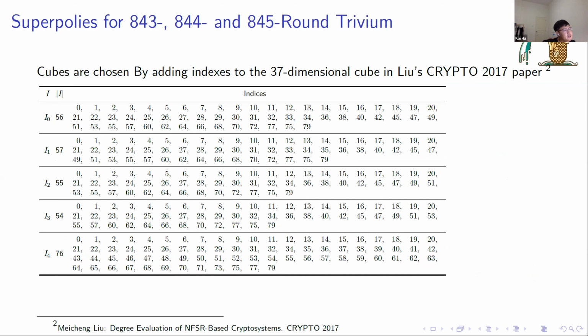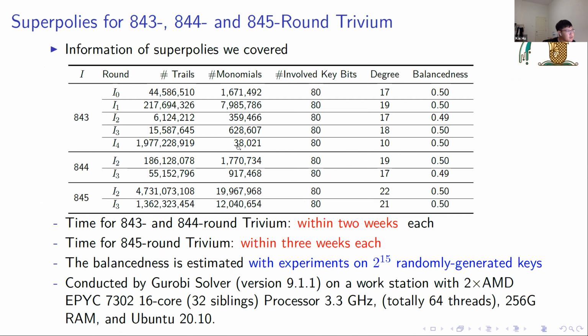And here is an application to Trivium. The table shows the 5 cubes we used for Trivium up to 845 rounds, and these cubes are chosen just by adding an index to a previous cube. So these cubes are chosen very carefully. Here is some detailed information on the superpolies we recovered for the cubes I introduced just now.